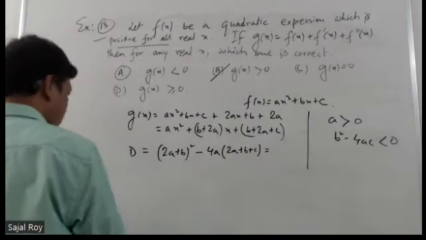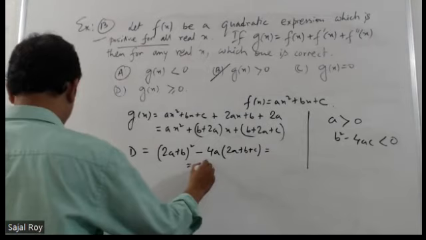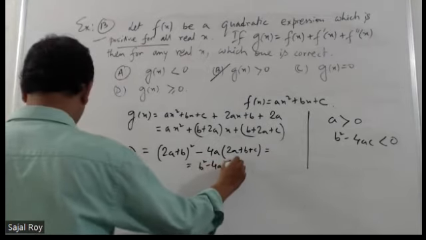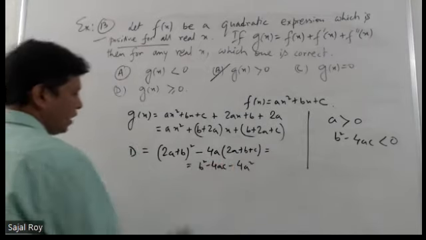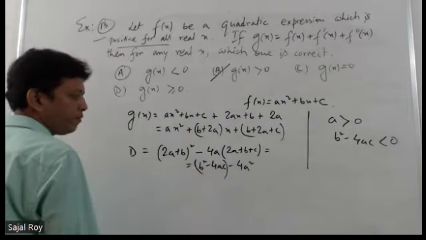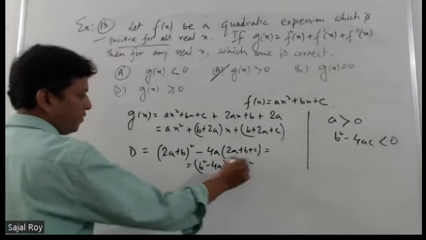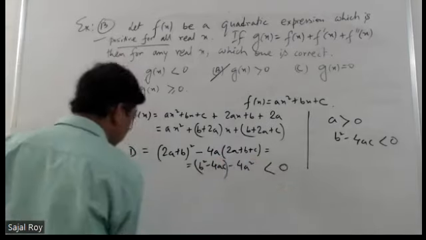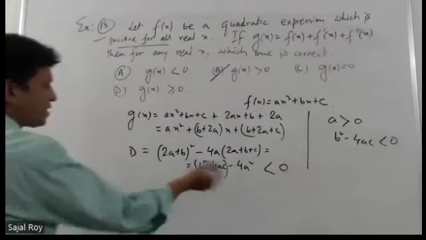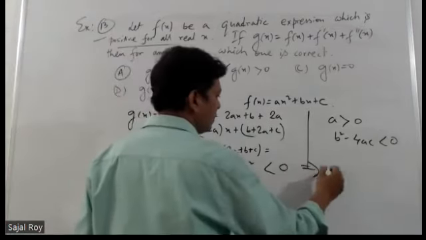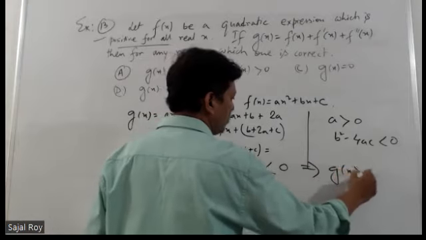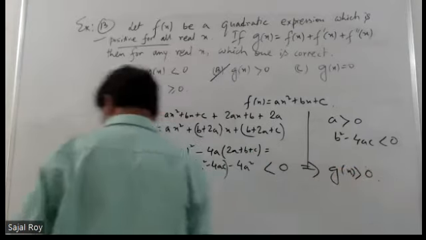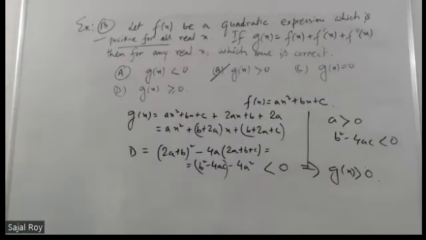You calculate, it will be b square minus 4ac minus 4a square. This is already negative, this is also negative. So it's less than 0. So D less than 0 and a greater than 0 means g(x) greater than 0.